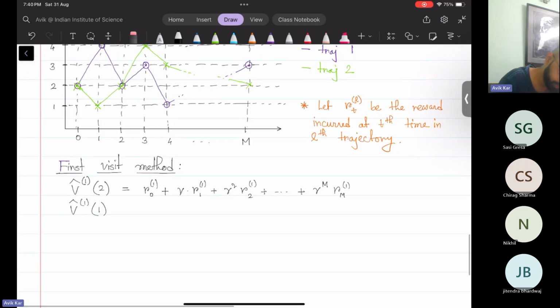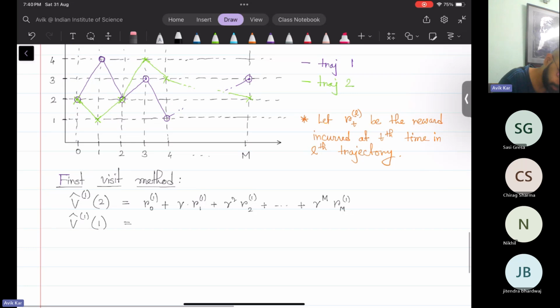Look at the trajectory and tell me. It will be R_1,1 plus gamma R_1,2. Yes, exactly.